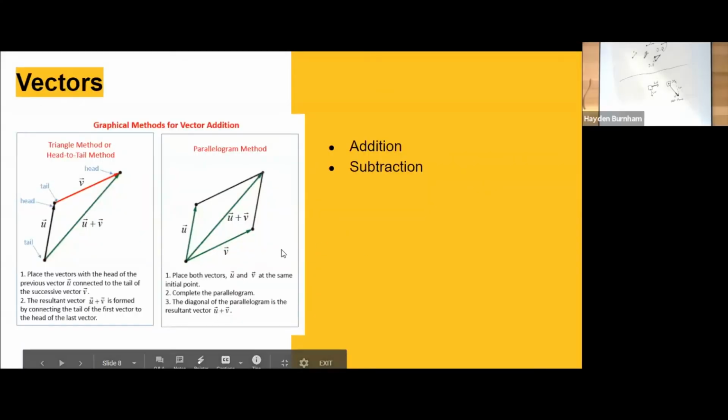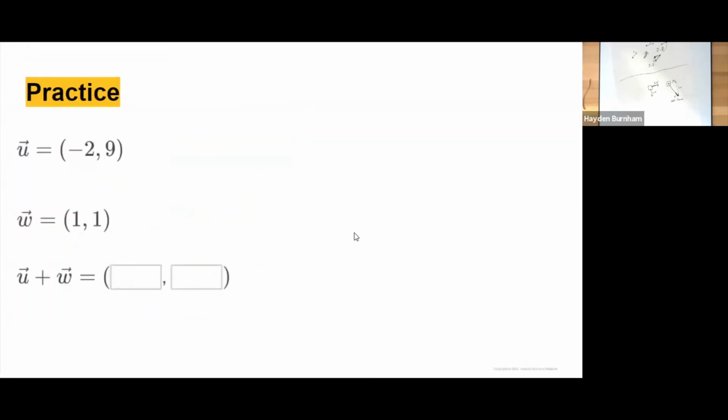Okay, so this is the other method I wanted to talk about. Sometimes vectors are given in this notation, right? And this is what we call component notation, I think. I might be getting that wrong. But basically, it's giving you the vector in the xy plane, right?